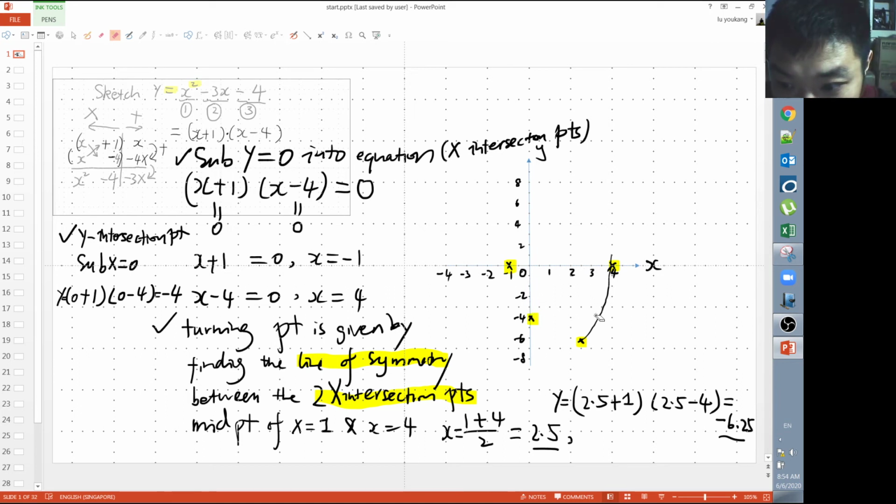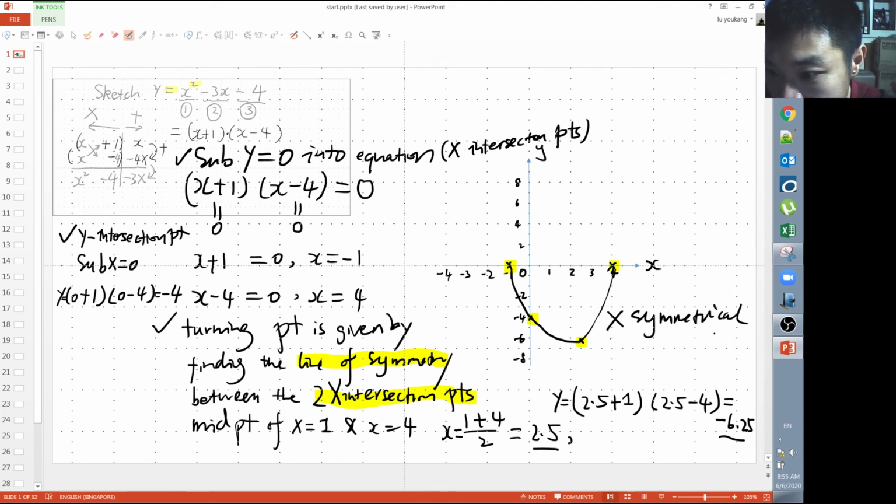Over here, so you can see that no matter what you do, no matter how nicely you draw the curve, over here the curve doesn't look symmetrical.